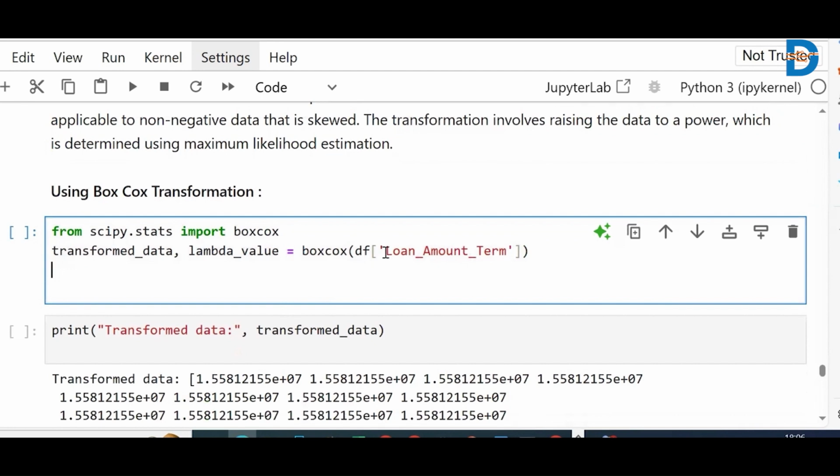I'm taking a column from the loan amount CSV, the column named loan amount term. From scipy.stats, I have imported boxcox. In this boxcox, I'm fitting my column, loan amount term.